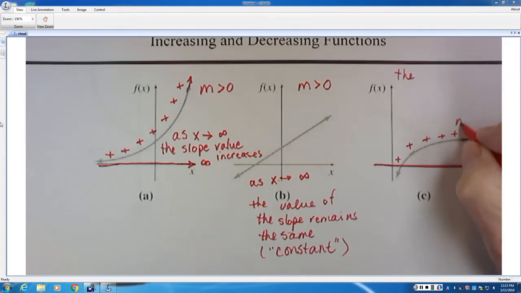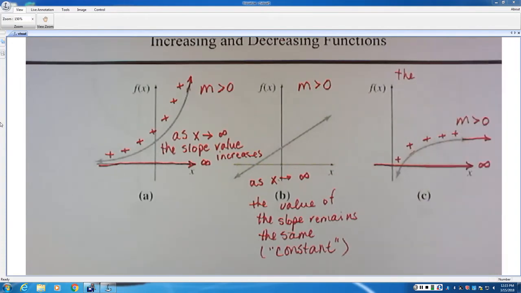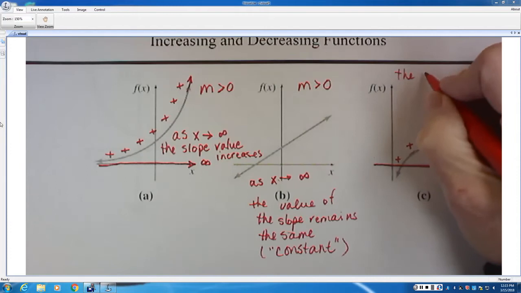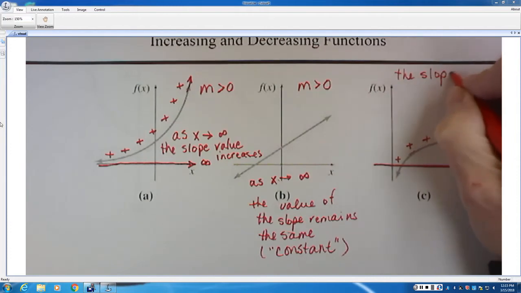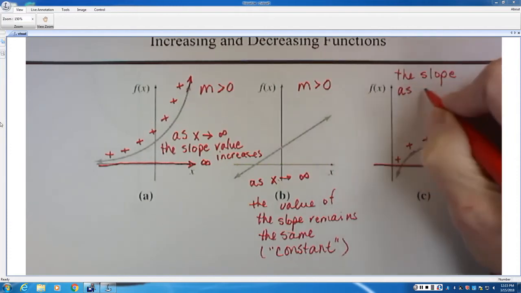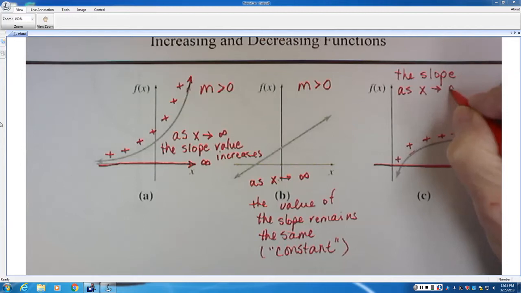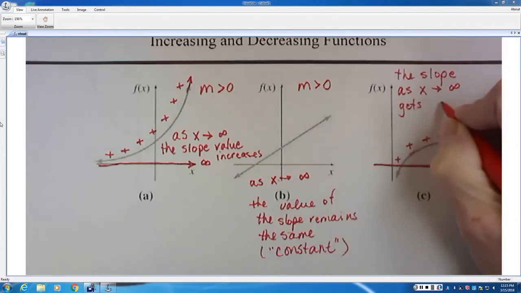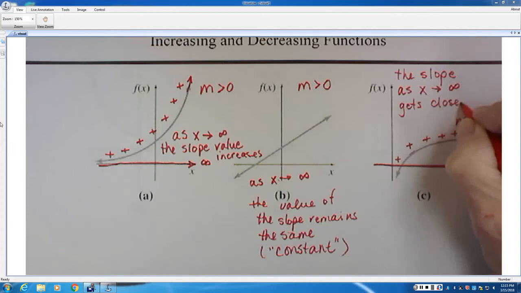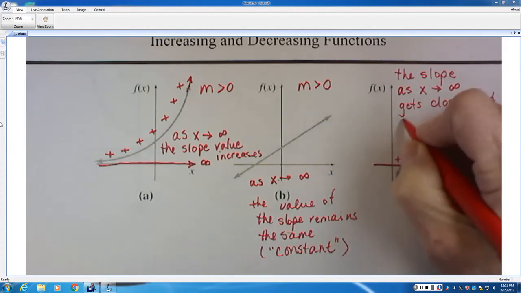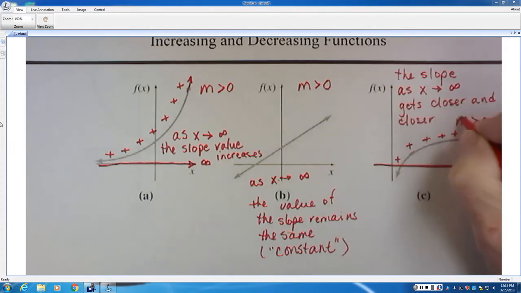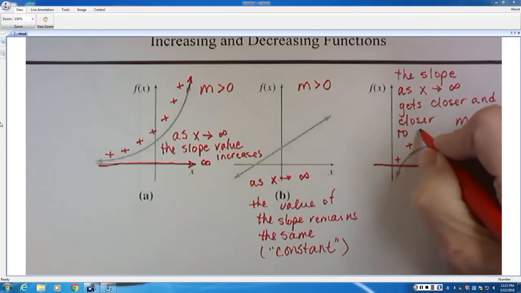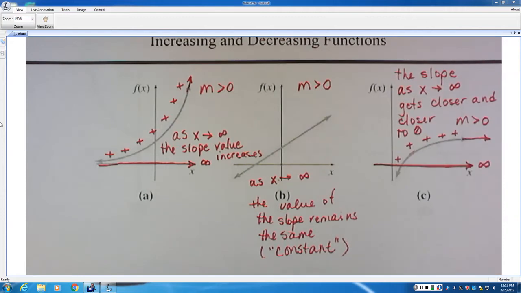So while m is still positive, greater than 0, that slope eventually approaches 0, but we're not going to say that it actually becomes 0.